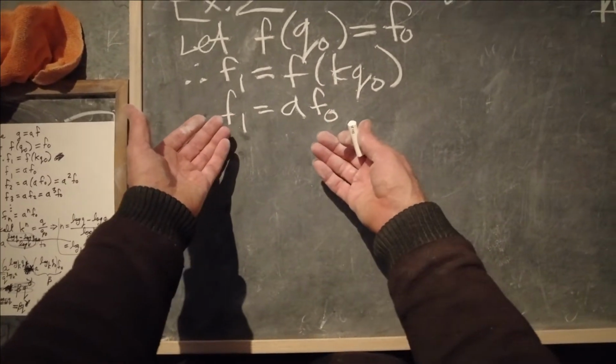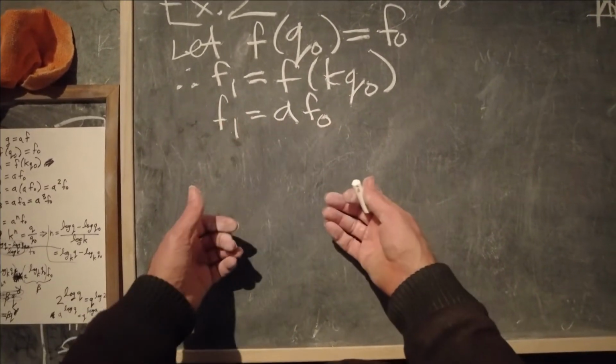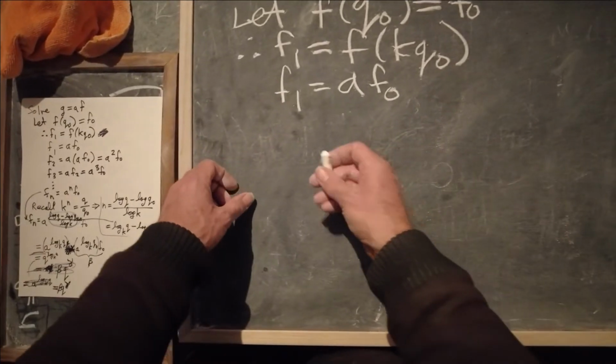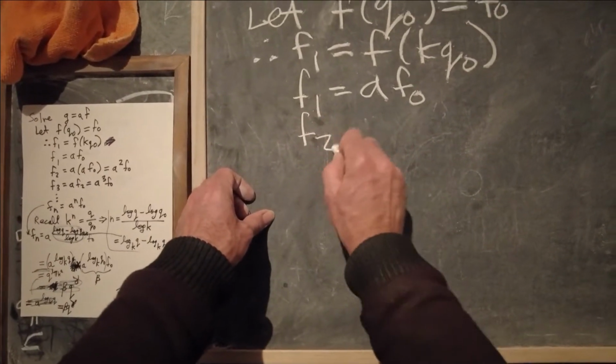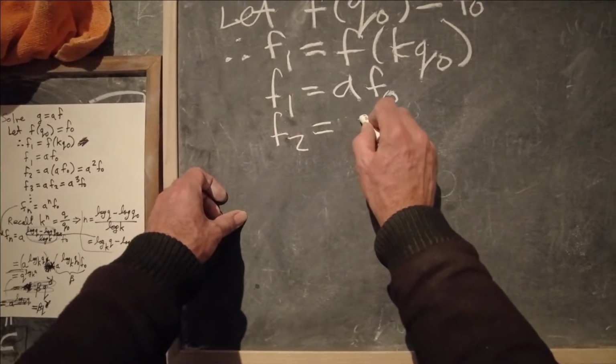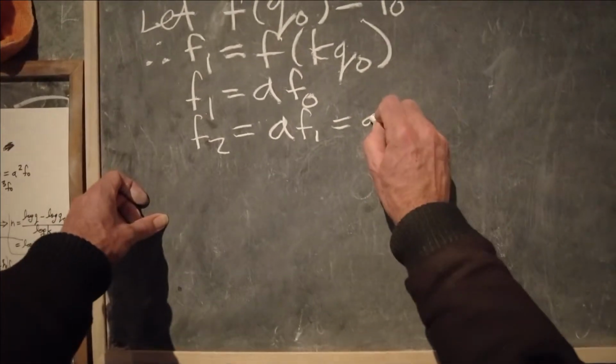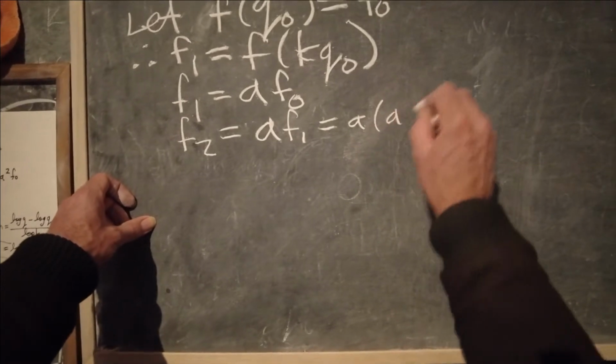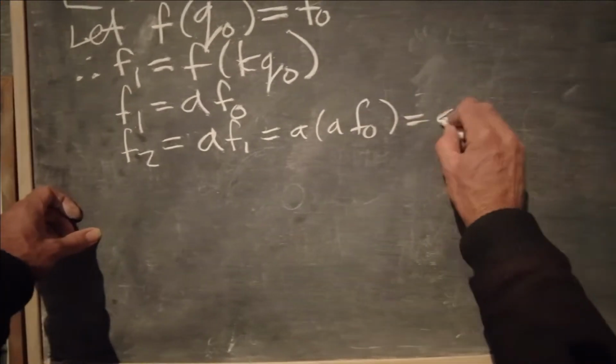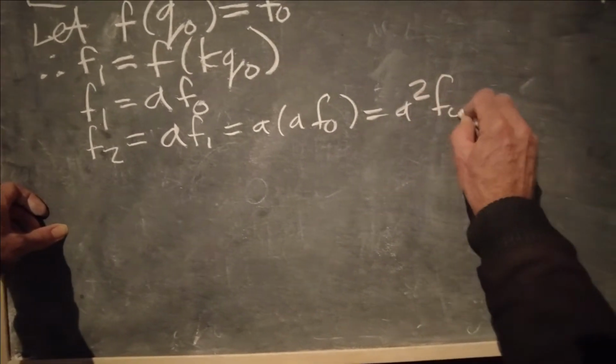f1 is assuming the role of g, and f0 is assuming the role of f, and we're just iterating it again. And then f2 equals a f1, which equals a times a f0, which is equal to a squared f0.